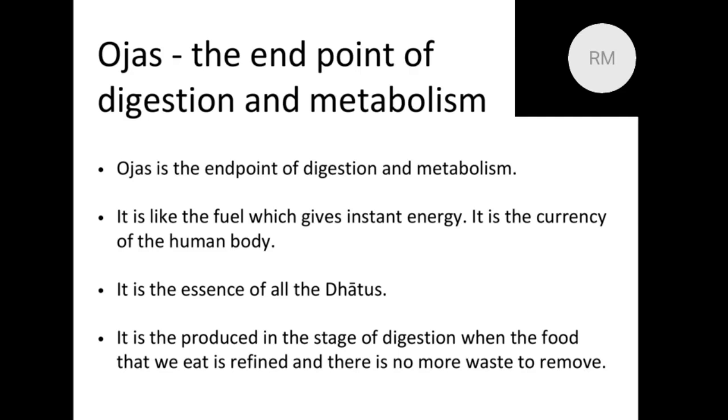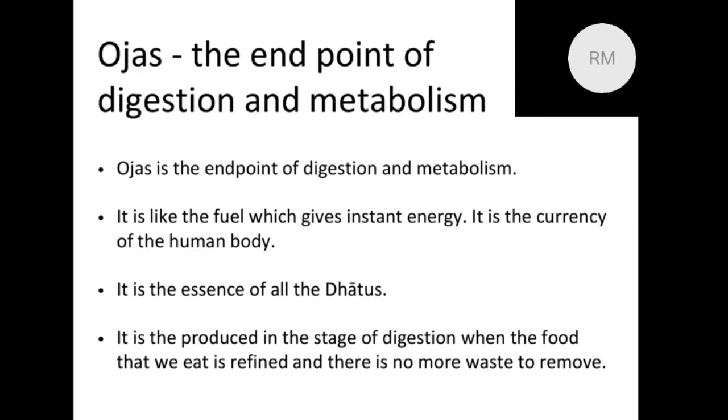So ojas is the end point of digestion and metabolism. The body digests the food that we eat till it reaches a stage where it burns without producing waste. Is this clear? Now, although ojas is said to be produced specifically out of Shukra Dhātu, we say that ojas is actually the essence of all the Dhātus.